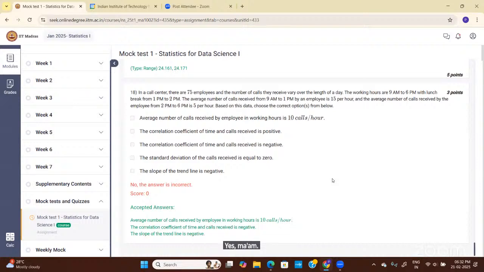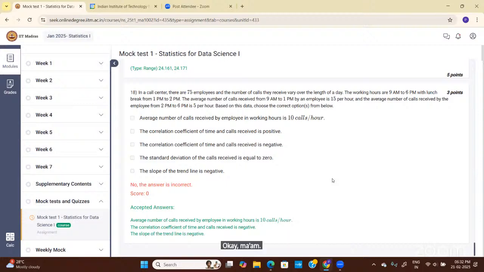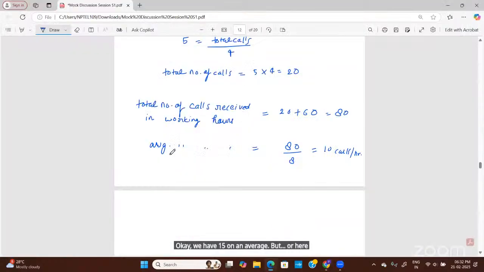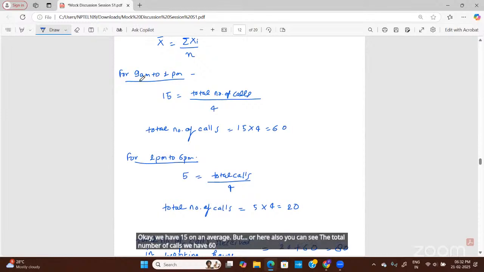Next we are given the correlation coefficient of time and calls received is positive. Third option is that it is negative. So here you can see that between 9 to 1 p.m. we have 15 on average, and total number of calls is 60 for 9 to 1.